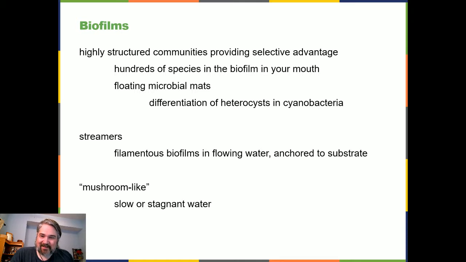If I can get back to my page. Here we go. So floating microbial mats, one of the characteristics exhibited in these large mats of cyanobacteria is that there are certain cells able to differentiate into heterocysts, which is the form that's able to fix nitrogen.